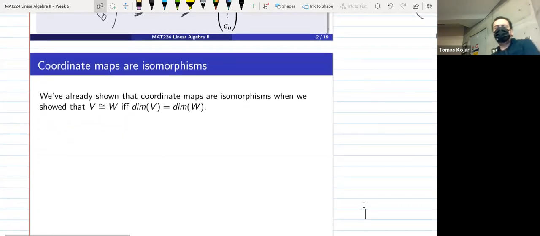Right, so these coordinate maps are nice because they are invertible. Remember what I did? I went from polynomials to R3, and then I have to come back. So you need an inverse.